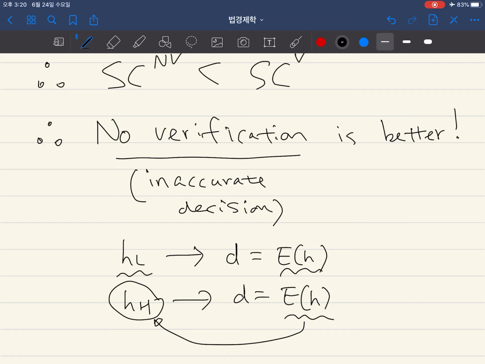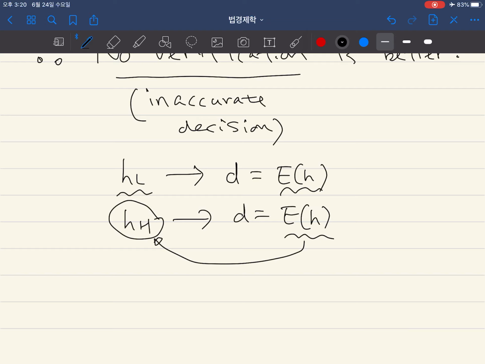Because again, as I told you before, what is the benefit? The benefit was the incentive effect. In this case, the incentive effect is not working because the defendant is not sure about the actual harm.